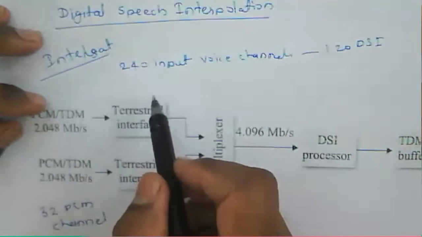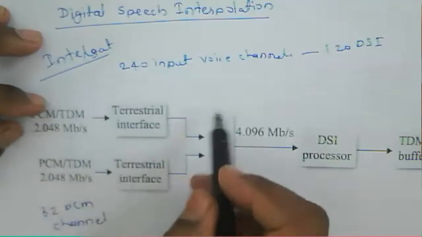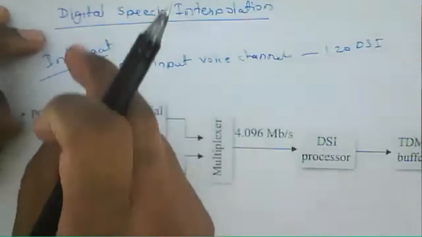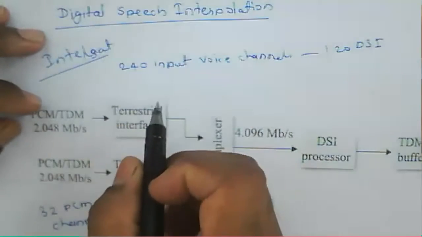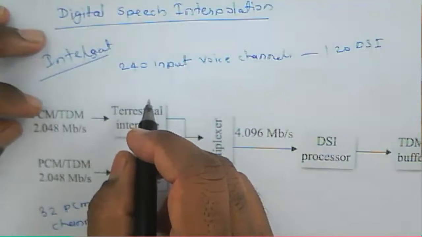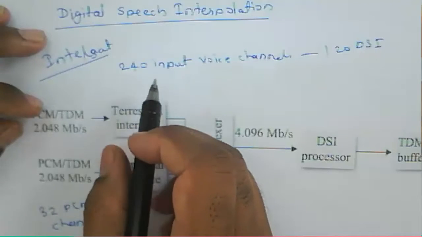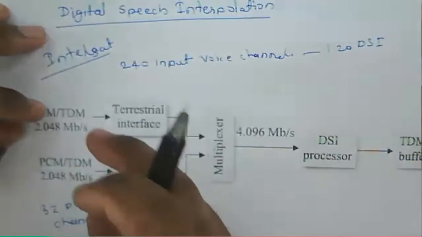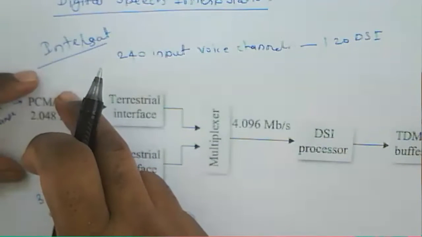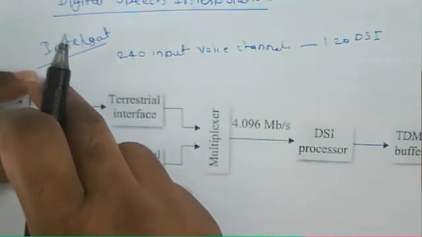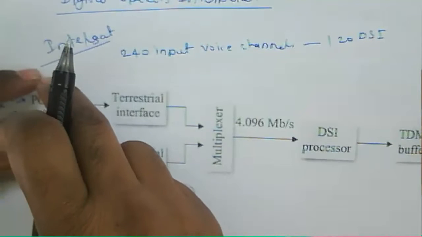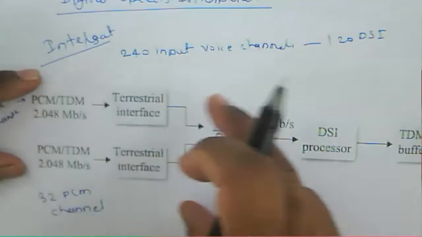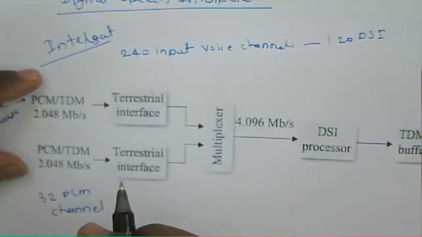Now here Intelsat uses this DSI technique to enhance the channel capacity, and whichever input signals we have, if we have a large number of voice channels available, we'll get a compressed output there.